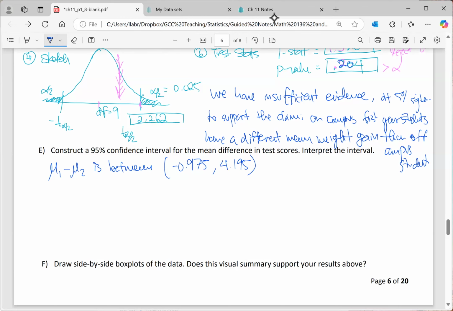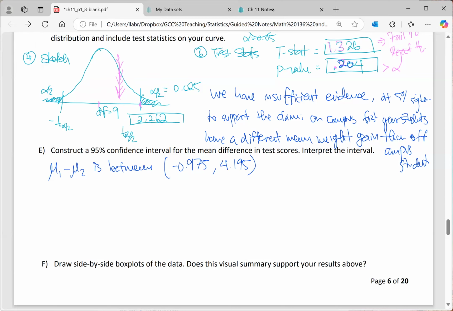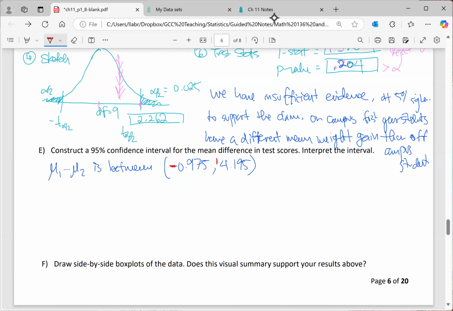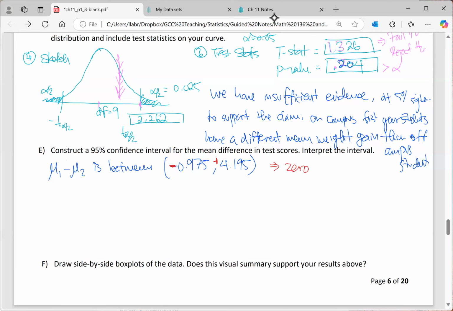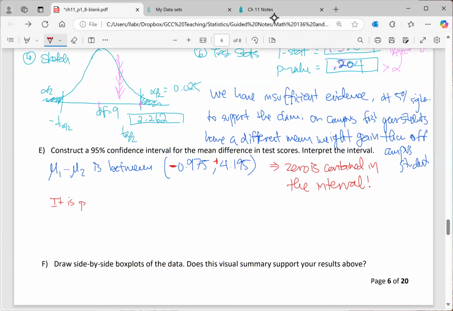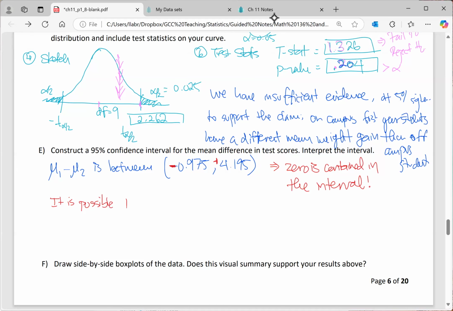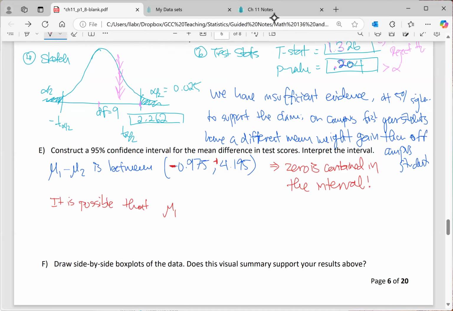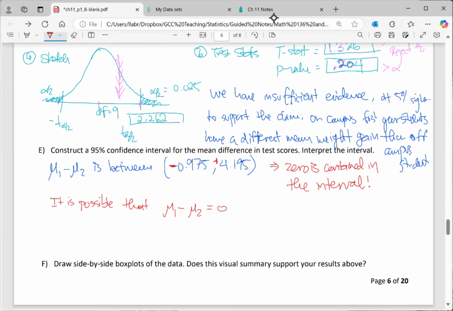The most important thing to notice here is that my confidence interval goes from a negative to a positive. And so unfortunately, they're not the same. So 0 is contained in this interval. And so what that means is that it is possible that mu1 minus mu2 could actually be 0.